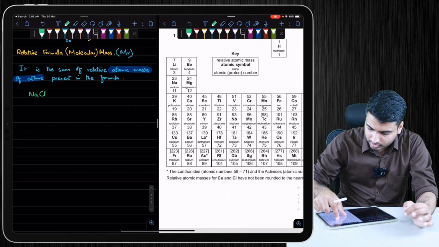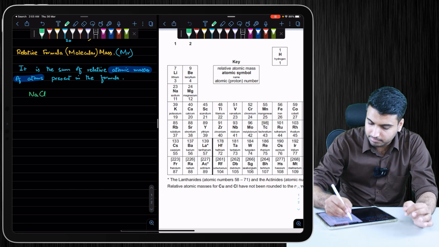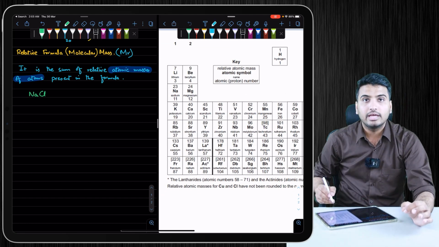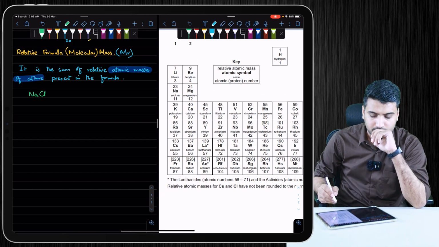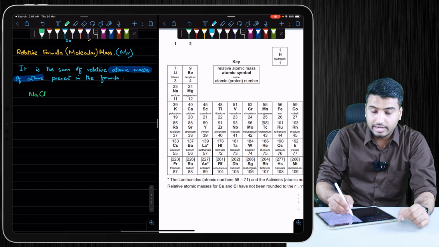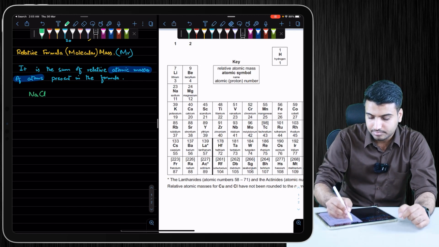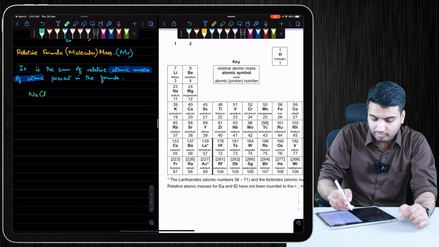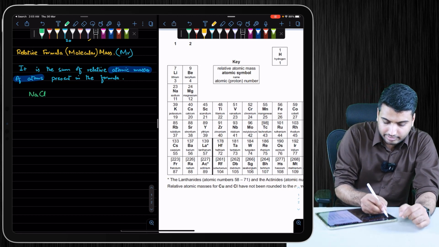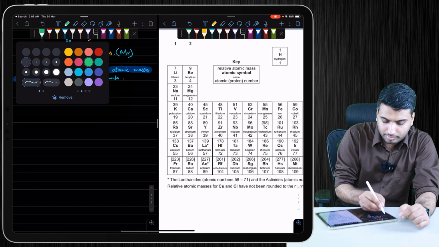Here we can see that sodium is 11 and 23, and the larger number represents the mass number. So we simply add up individual atomic masses.